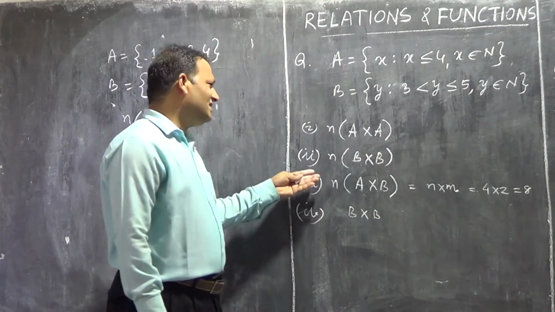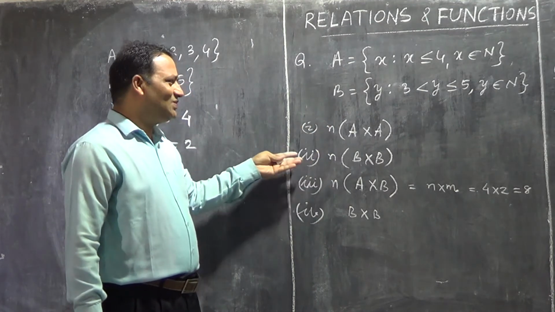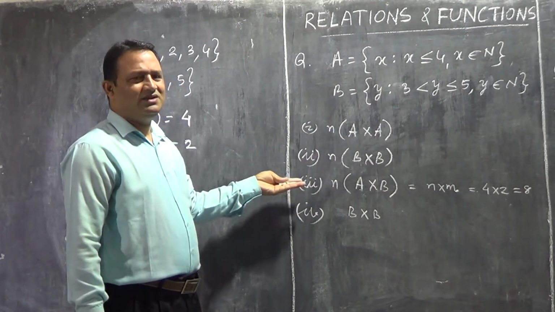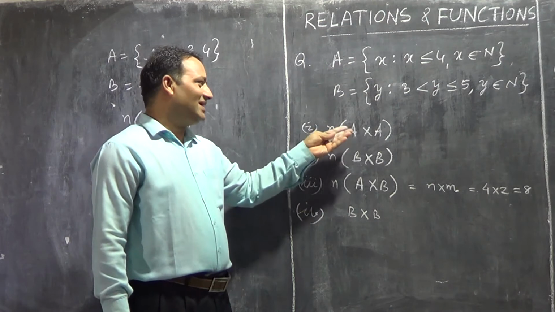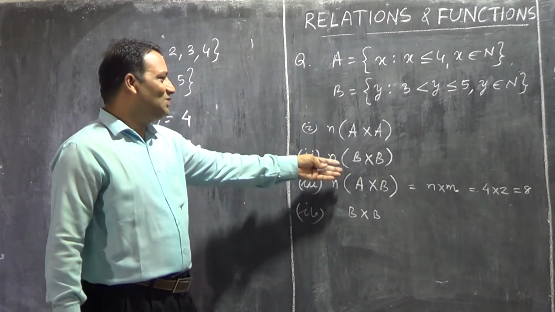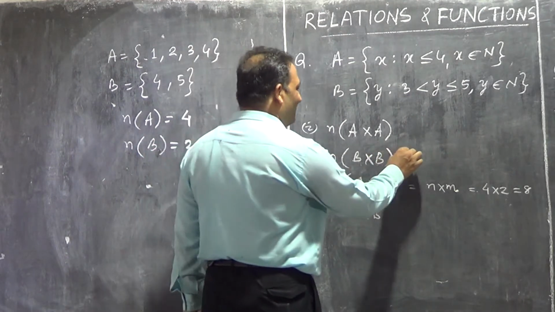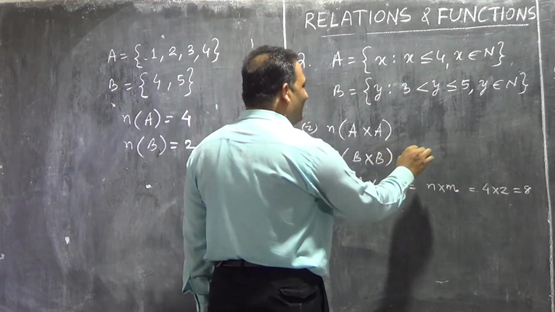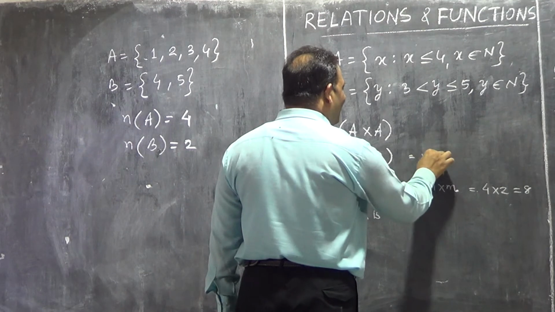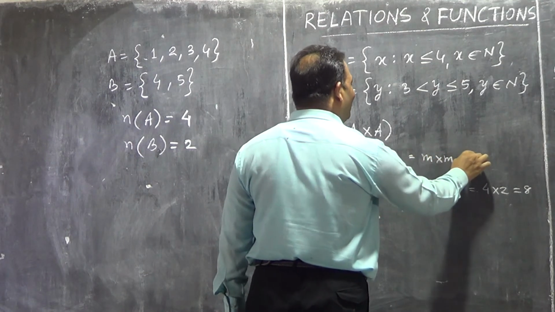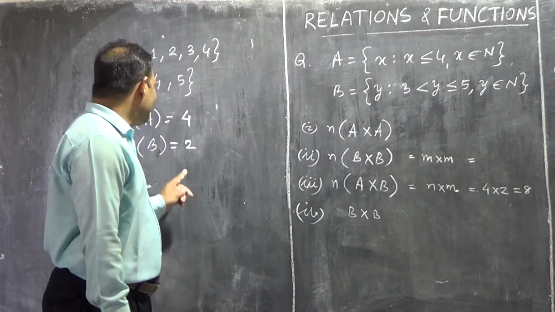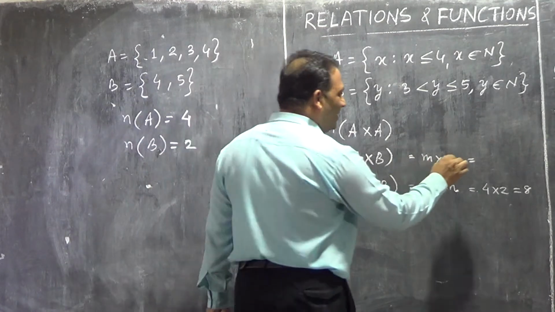For these 3 problems, there is no need to find the Cartesian product, just apply the property and get the answer. So here B into B, number of elements in B, B has how many elements? 2, so 2 into 2, 4.